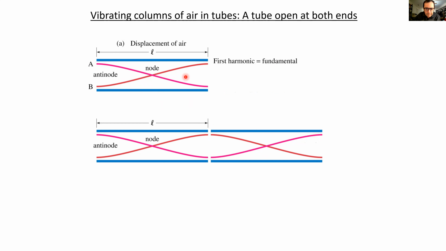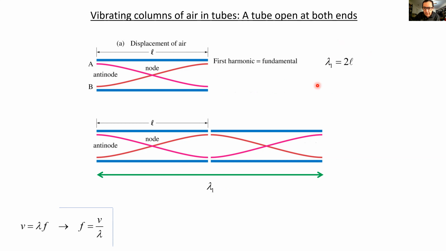So I copied it over and flipped it upside down, in order to see that one wavelength is twice the length of the pipe. So the wavelength for the first harmonic, the fundamental oscillation, is twice as long as the pipe. What you see here is half of the wavelength.